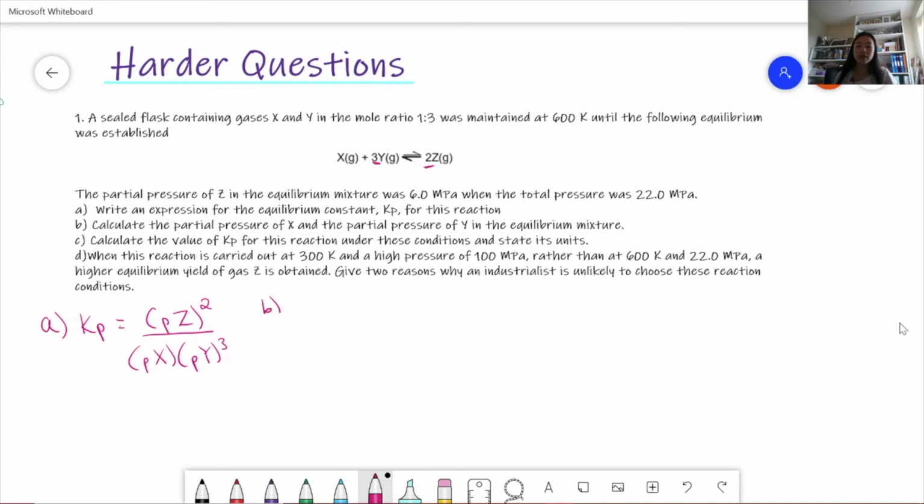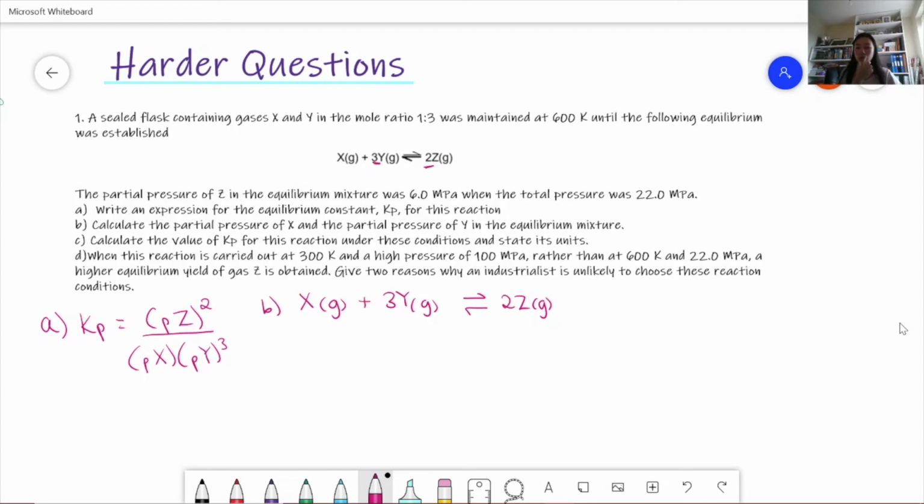And then for B, calculate the partial pressure of X and the partial pressure of Y in the equilibrium mixture. Okay, so first of all, I'm going to start off with writing out the equation again. Now, it's actually a lot easier than it looks, because you might think that you need to work out the equilibrium moles and the mole fractions in order to get the partial pressure, but actually we can just look at the ratio.